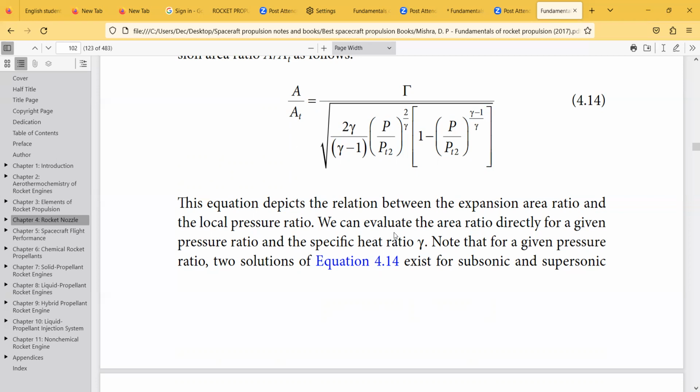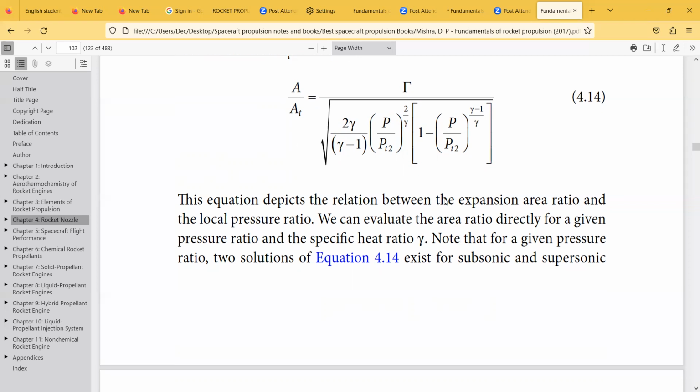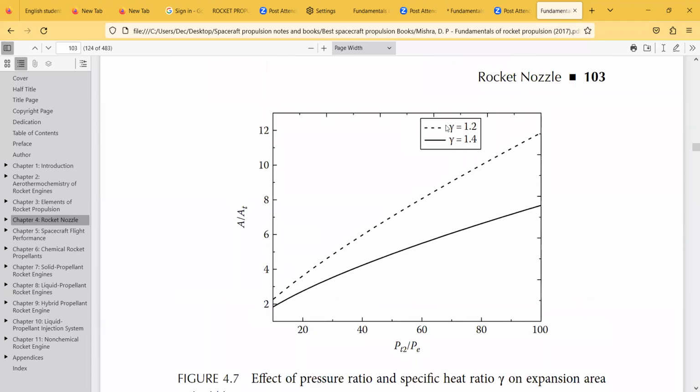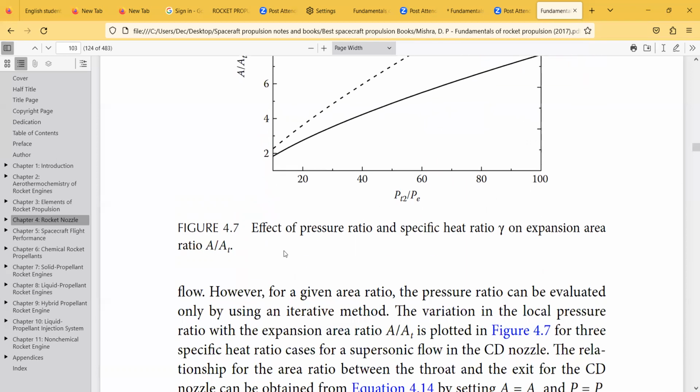So we can evaluate the area ratio directly for given pressure ratios and a specific heat ratio only. For example, given a specific heat ratio of 1.2, 1.4, or 1.3, the area ratio can be obtained directly from the pressure ratio, P entrance over P exit. So for a particular pressure ratio, we can find the area ratio.